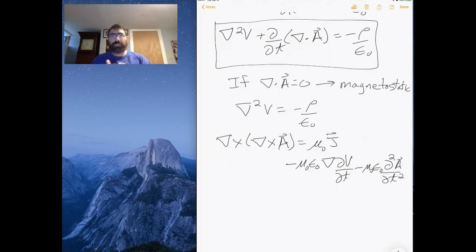So all I did was take Maxwell's fourth equation, plug in what we now know for the electric field in terms of potentials, as well as the magnetic field in terms of the A potential. Okay, so now this looks a little scary too, but hold on tight, we're going to do fine.